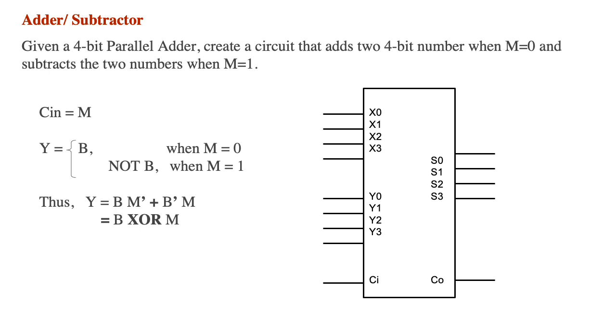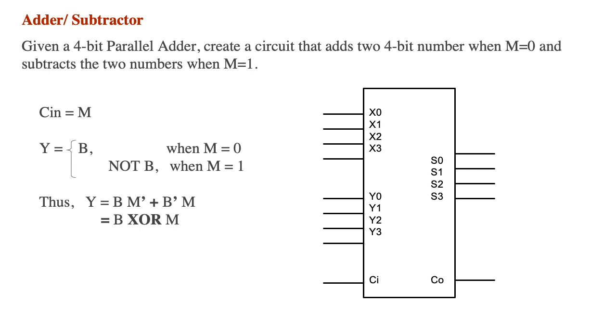So we're simply translating the condition in the middle to a Boolean expression. So we can say that y is equal to b and not m, or not b and m. If you remember, this is exactly what the XOR does.